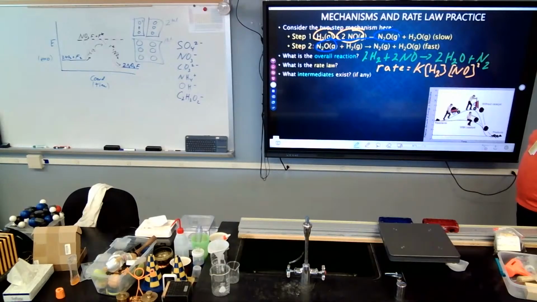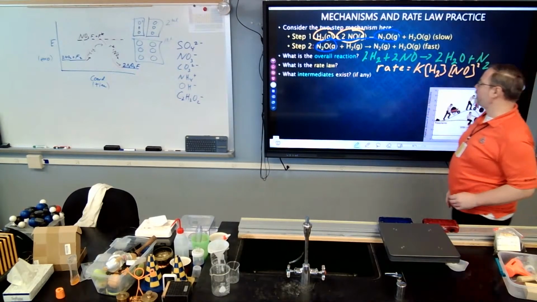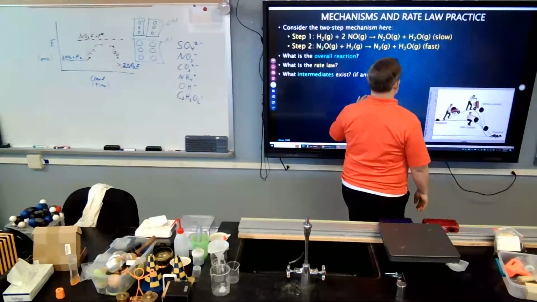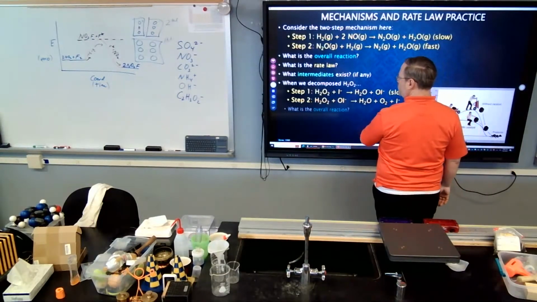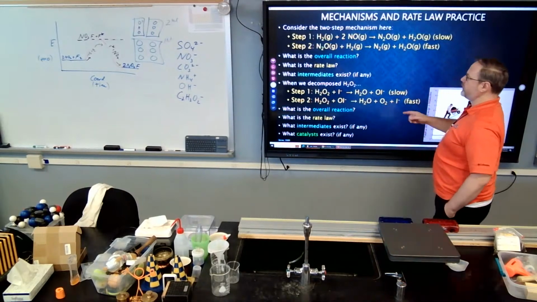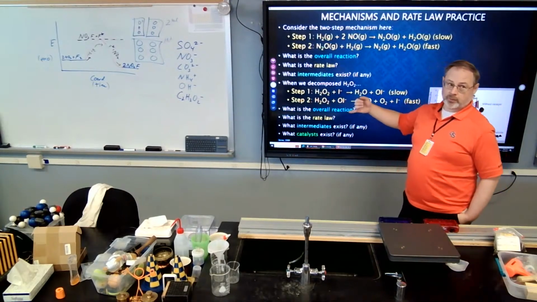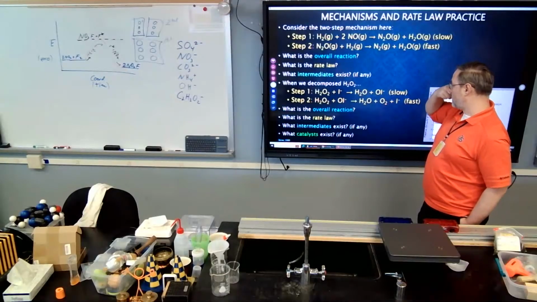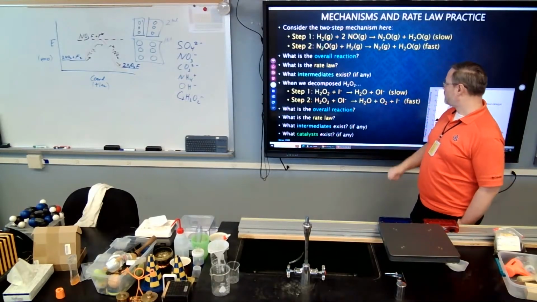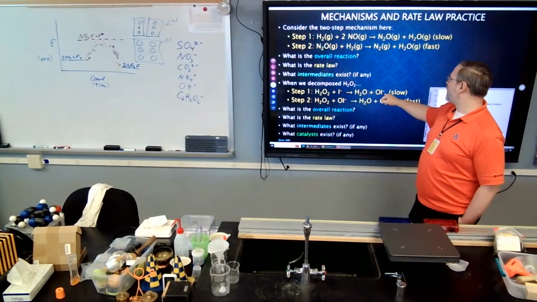All right. Give me a thumbs up if you're comfortable with this. Okay. Now, if you ever have something that is both a reactant and a product, you have a catalyst. So take a look at this. This is very similar to what we did earlier. We're breaking down hydrogen peroxide. So hydrogen peroxide reacts with the iodine ion and makes the OI ion.